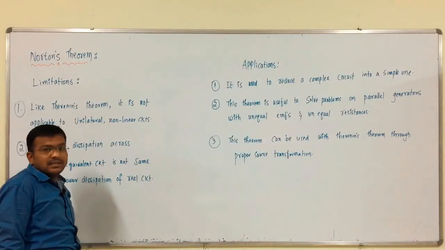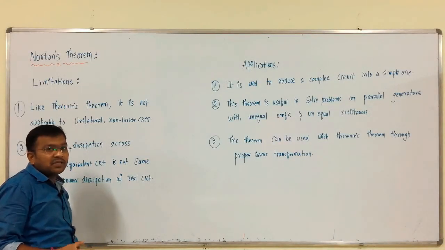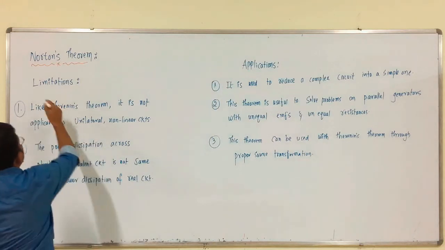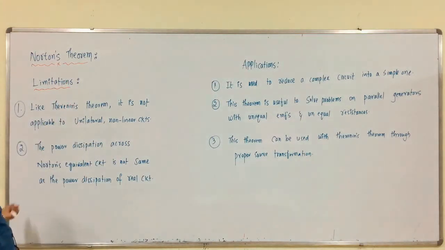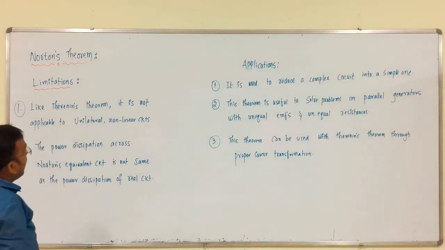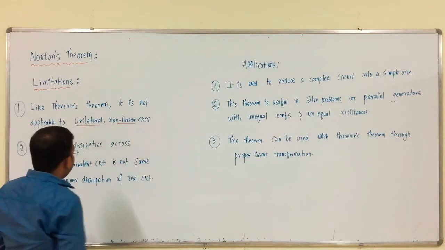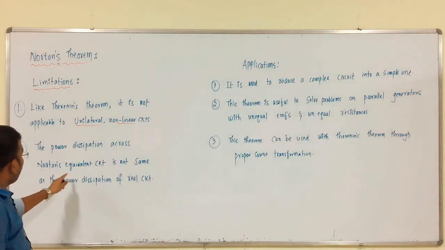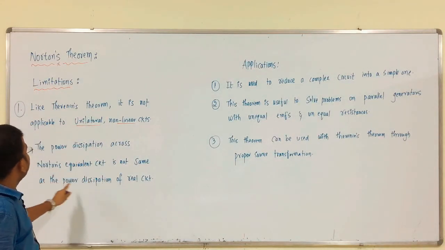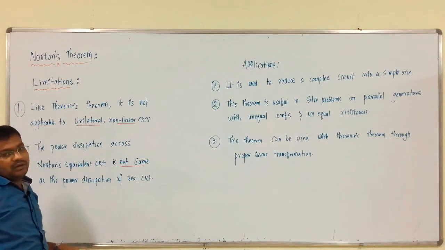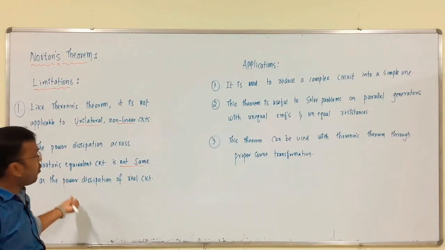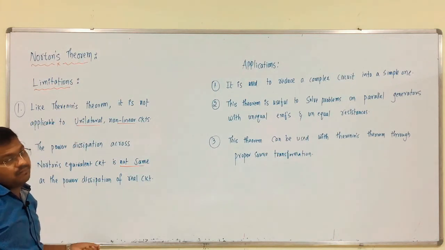Next we can discuss the limitations and applications of Norton's theorem. First, the limitations. Like Thevenin's theorem, it is not applicable to unilateral and non-linear circuits, clear. Then the power dissipation across Norton's equivalent circuit is not the same as the power dissipation of the real circuit. Already we have discussed this point in the case of Thevenin's theorem, right.